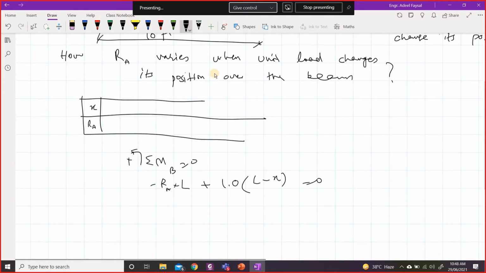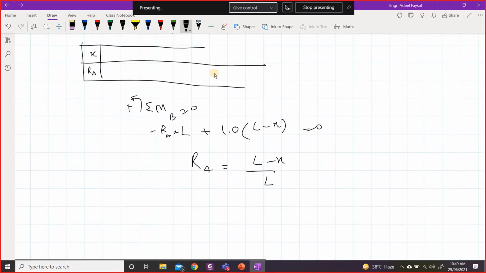So I can see that RA would be equal to (L minus x) over L, or I can say it would be equal to 1 minus x over L.